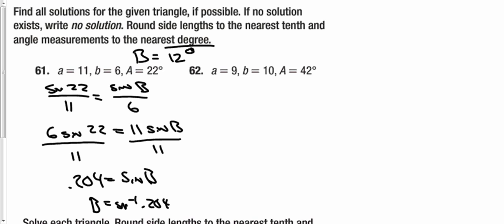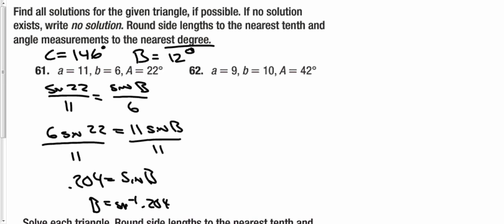Which means that because A is 22 and B is 12, C must be 146. Okay? Now that we have C, I can set up another ratio. Sine 22 over 11 is equal to the sine of 146 over C. Solve for C.